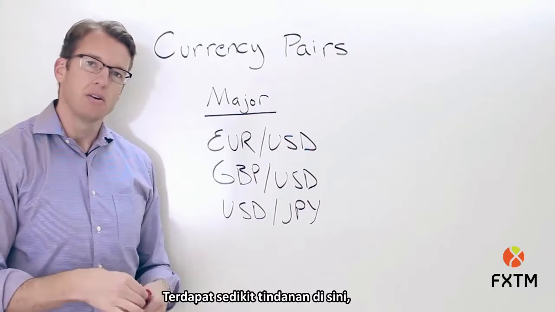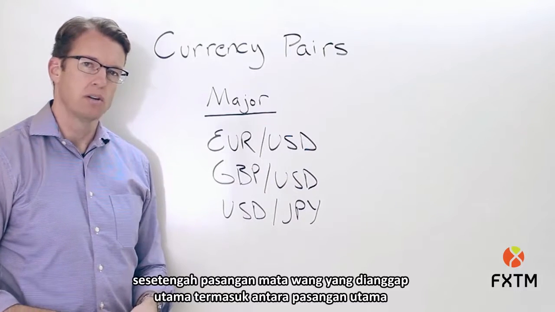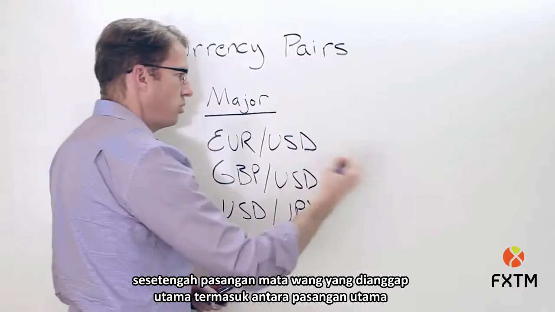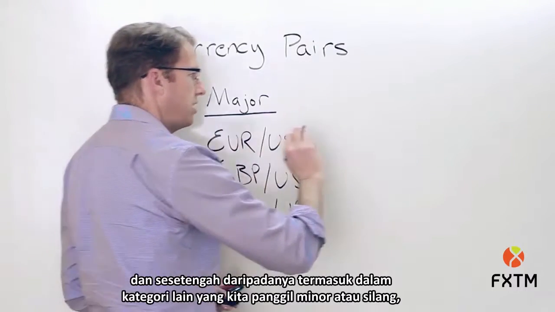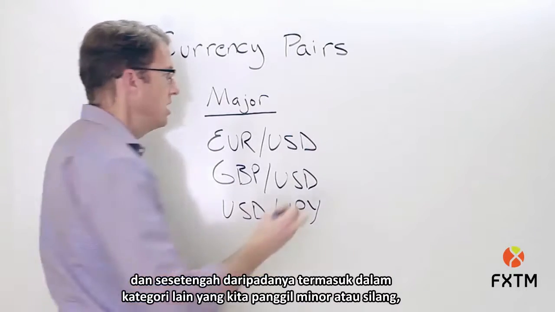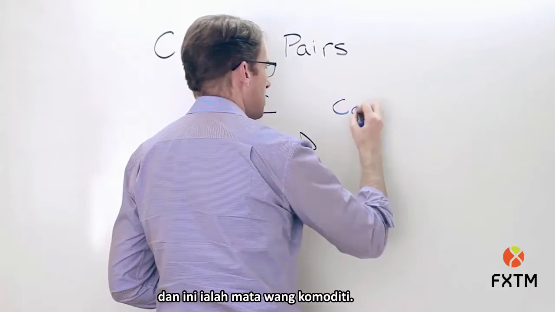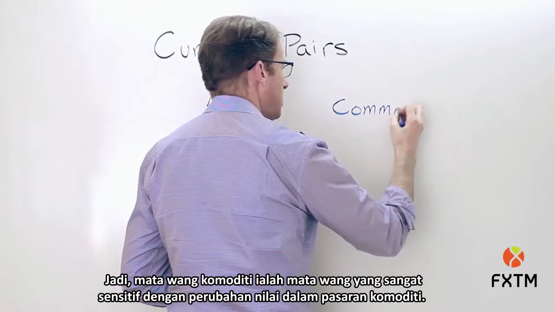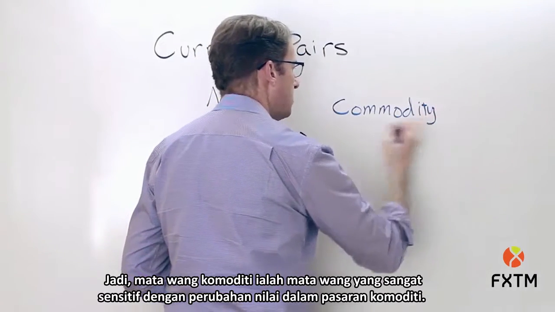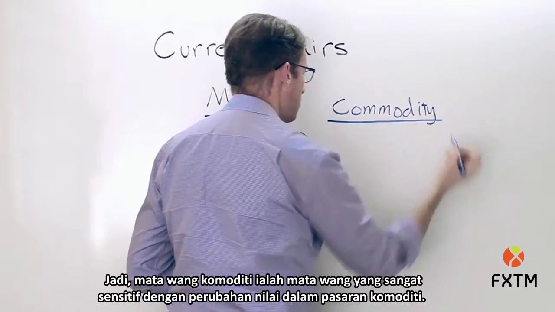Now, there is a little bit of overlap here, where some currency pairs that are considered majors fall in between the majors, and some of them will even fall into another category that we call minors or crosses. And these are the commodity currencies. A commodity currency is a currency that is going to be very sensitive to changing values in the commodity market.